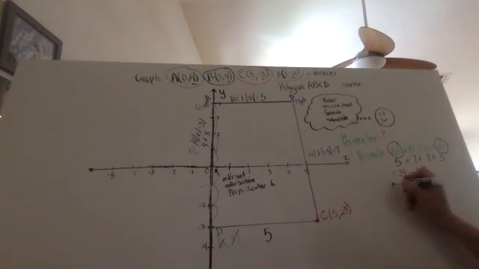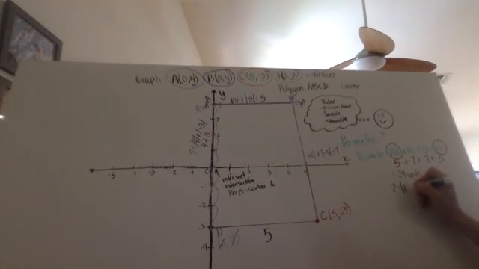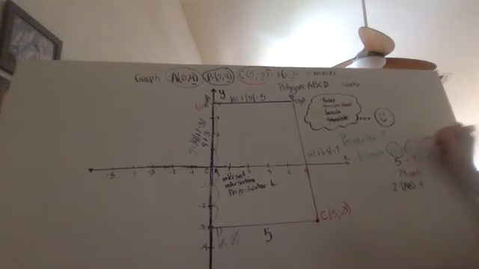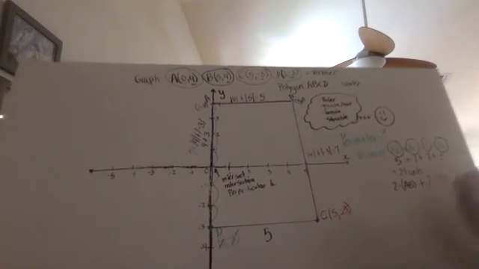So I could have written it as 2 times AB. And then again, we see that BC and CD are the same, plus 2 times CD. Now I have to say this because this is telling me it's a line segment.